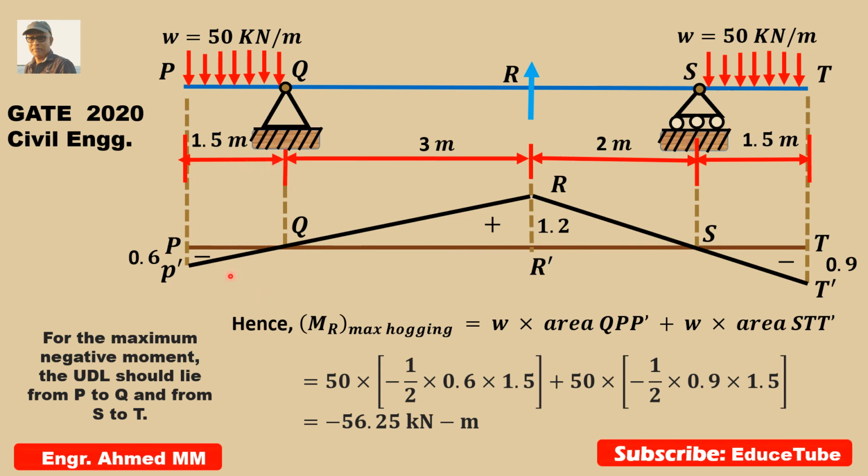So we get the area and multiply by this W. This is the value, and the second part also has this value. Using calculator we get 56.25 kilonewton meter. That is the maximum hogging moment at these points. That's why I put direction up.